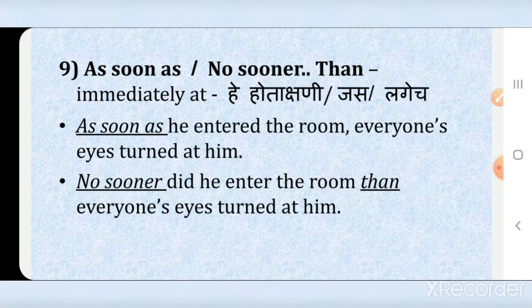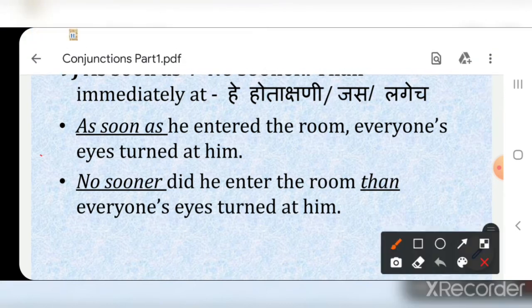Though meanings are similar, usage in the sentences is slightly different. Here, first sentence, as soon as he entered the room, everyone's eyes turned at him. You have to use as soon as always in the beginning of the sentence.